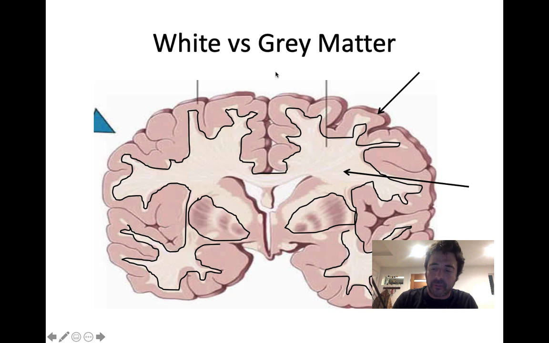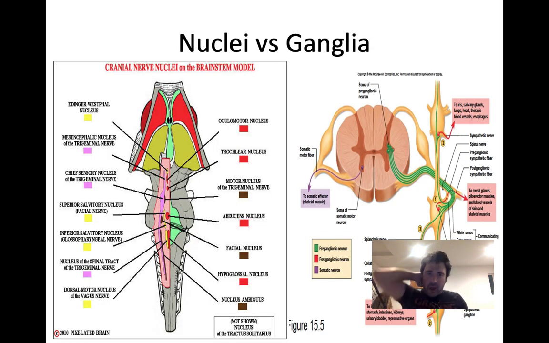So when you think about gray matter in the central versus the peripheral nervous system, a discrete unit or bundle of gray matter that's responsible for mediating some specific set of activities in the central nervous system is referred to as a nuclei.